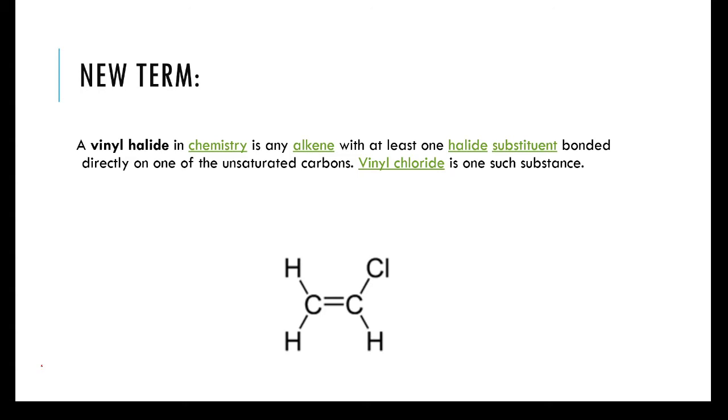The term for what we create from an alkene with a halogen on it, when we create that from our alkyne, is known as a vinyl halide. A vinyl halide is an alkene that has at least one halide substitution.